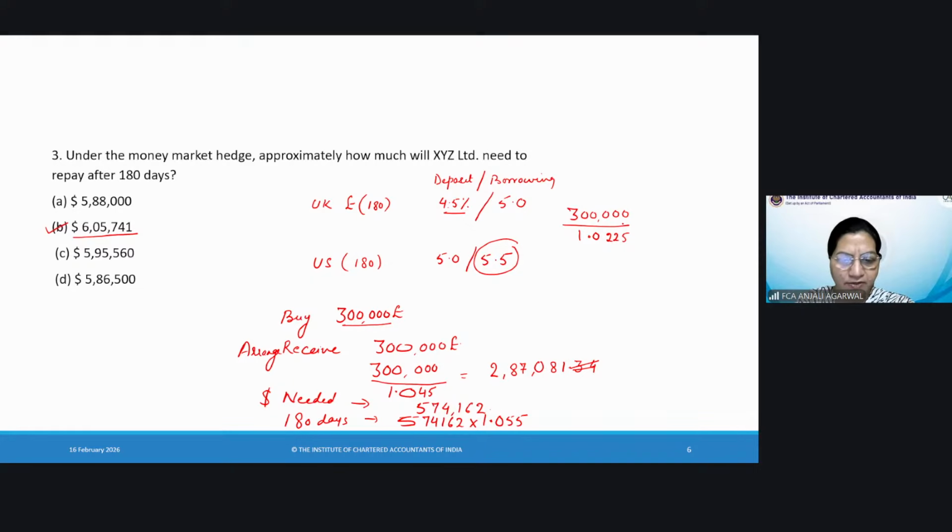Then I would have needed 293,398 pounds into 2, this many dollars, 586,797. And then they would have been repaid with interest at 5.5 divided by 2. So 586,797 into 1.0275.